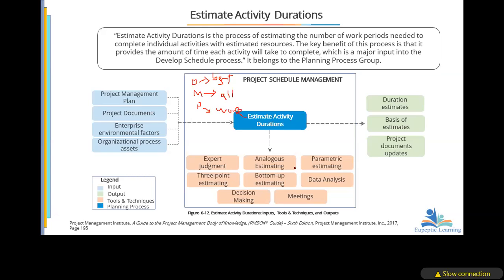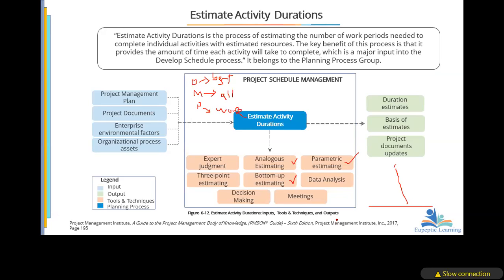So we talked about analogous estimation. We talked about bottom up. Bottom up is when you start from the bottom of the WBS and then you go up. Then we have the parametric where you have, let's say, per square foot this is going to take this to do that, and therefore, if we are using this, this is how much it will take.